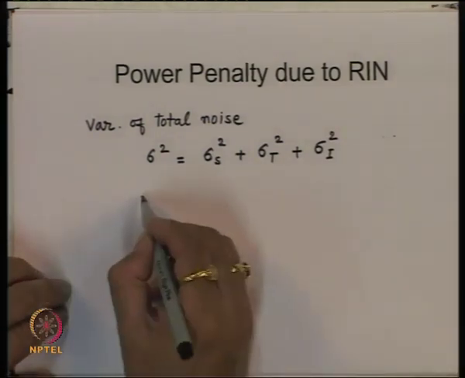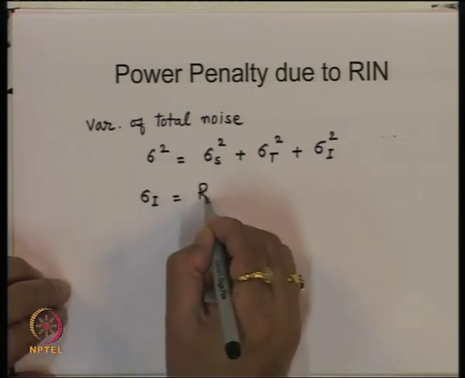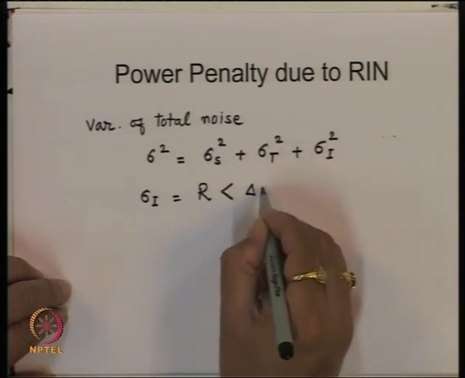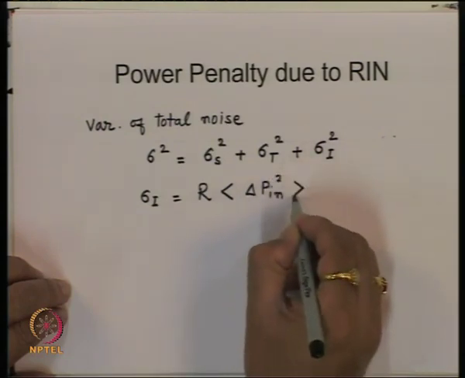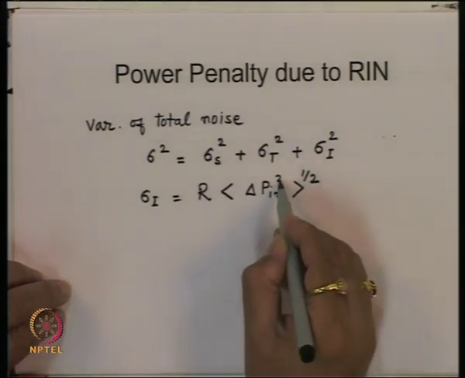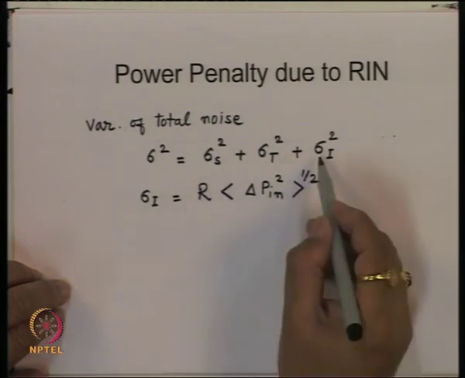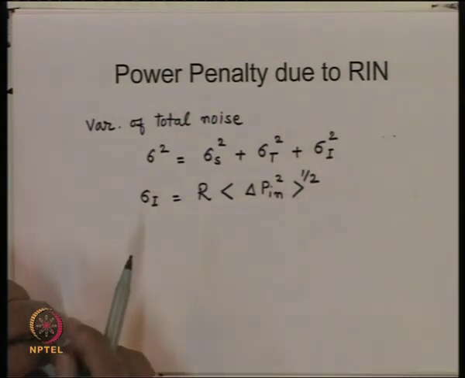Where sigma I we are denoting by the responsivity and the average value of the change in the input power. So, this quantity is the root mean square value of the input optical power multiplied by the responsivity, that is, the sigma of the relative intensity noise.